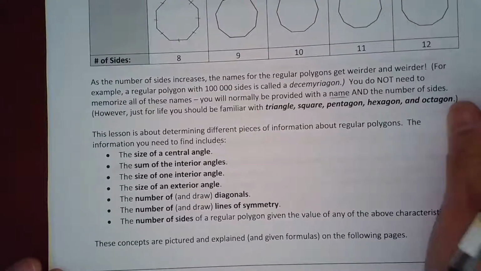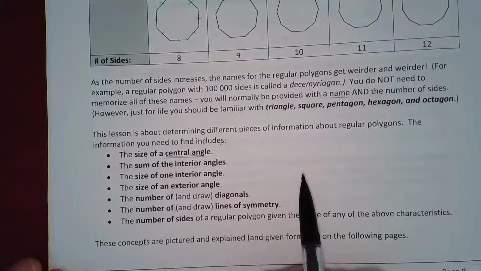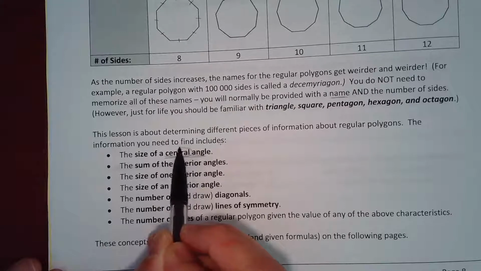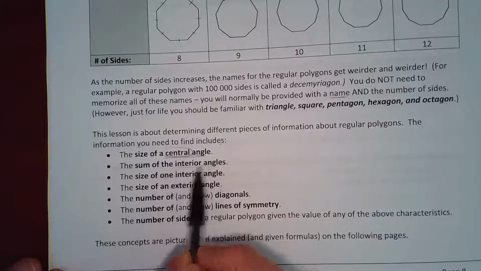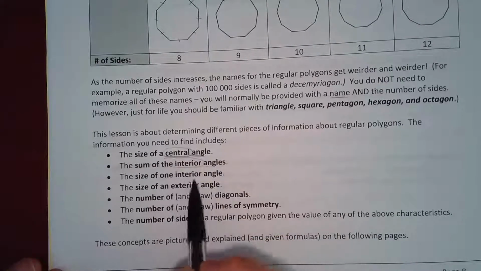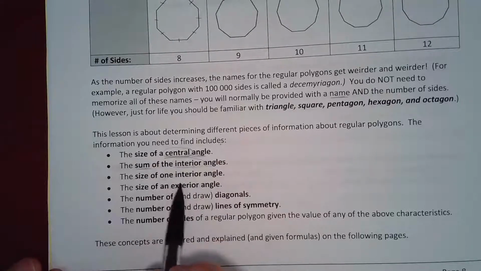So in this particular lesson, we're going to talk about central angle. What does that mean? You're already kind of thinking, based on the name, central angle, it has something to do with the center. Interior angle, the name is already telling you interior means inside the angle, and it's the sum of the interior angles.